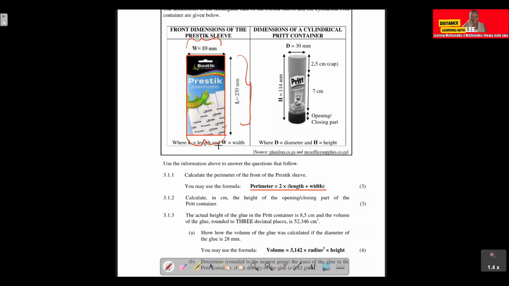We already know the length from there to there is 89 millimeters, plus the length from there to there, which is 239 millimeters. So you have two 239 millimeters and two 89 millimeters. That is how they got 2 times the length plus 2 times the width.